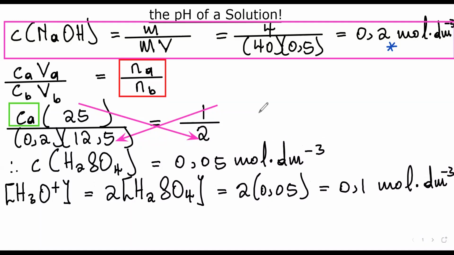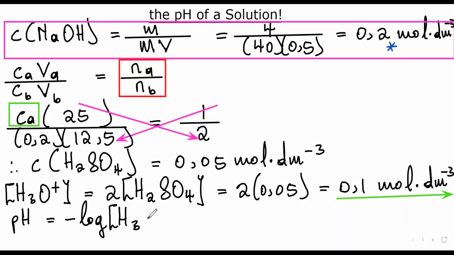Okay, so now we know the concentration of the hydronium ions. Then it's very easy to find the pH of the solution, because we know that the pH is the negative logarithm of the concentration of the hydronium ions.